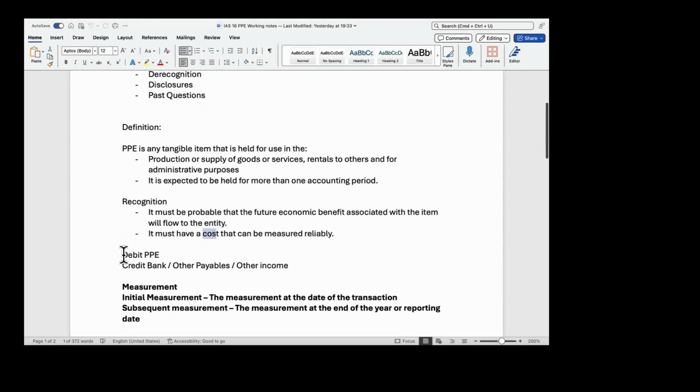So when you want to recognize an item of PPE in your books, you debit PPE and you credit bank, as if you are paying for the item outright. If you are buying it on credit, I said you credit other payables. If you are given it for free or as a grant, you credit other income.